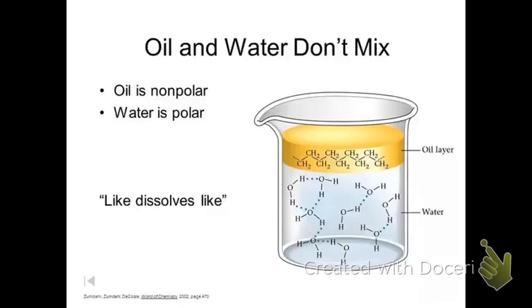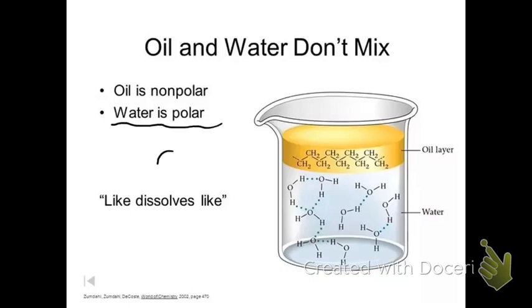Also in our biology basics presentation, besides diffusion, osmosis, and tonicity, I want us to think about solubility. That is, we know that oil and water don't mix. You're learning in lecture about polar and non-polar molecules. So water is a polar molecule. We know what that means.